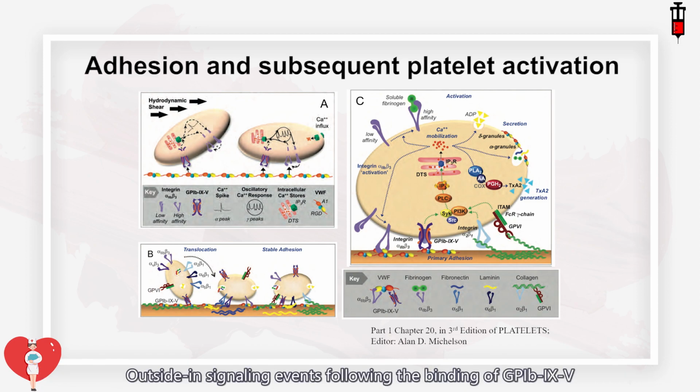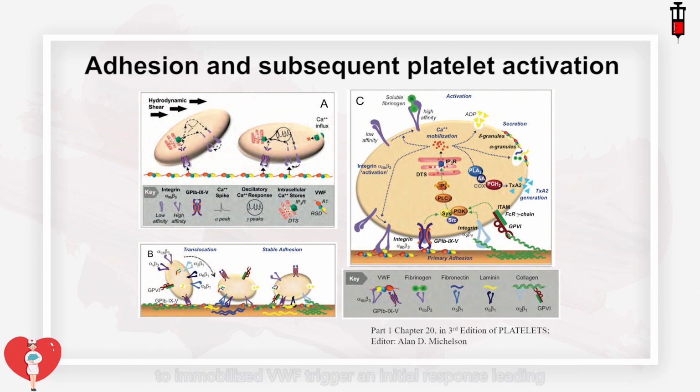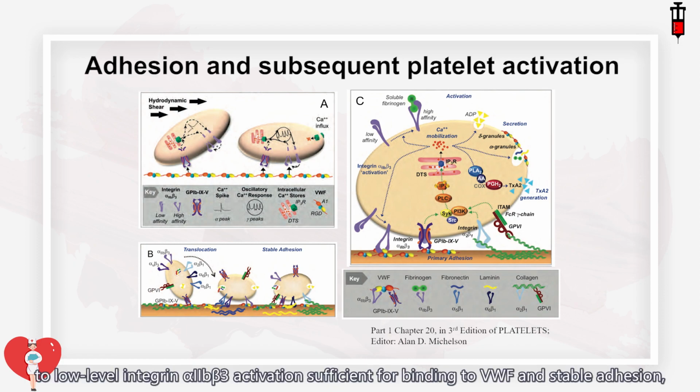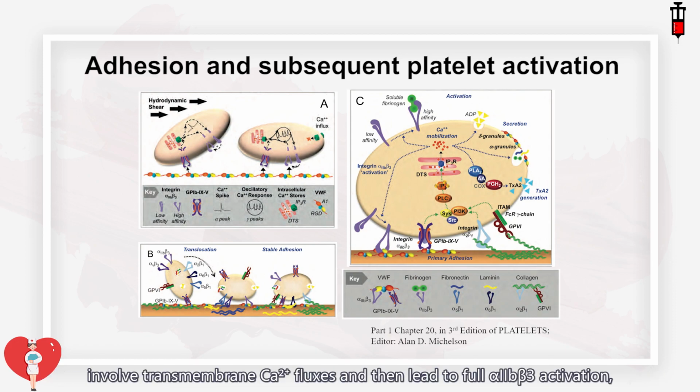Outside-in signaling events following the binding of GP1b-IX-V to immobilized VWF trigger an initial response leading to low-level integrin alpha-IIb beta-3 activation, which is sufficient for bonding to VWF and stable adhesion formation, involves transmembrane calcium fluxes, and then leads to full alpha-IIb beta-3 activation.